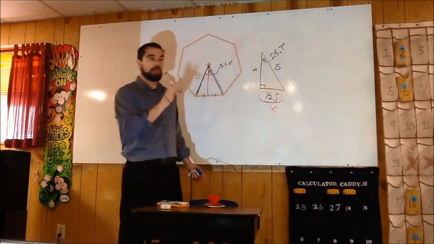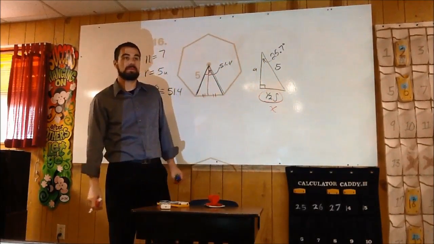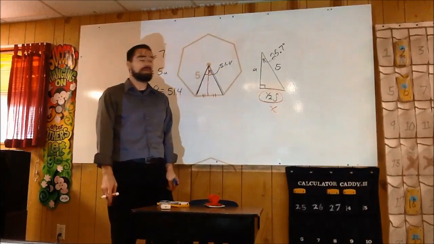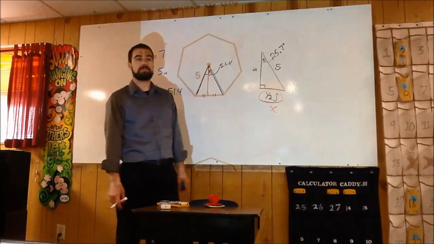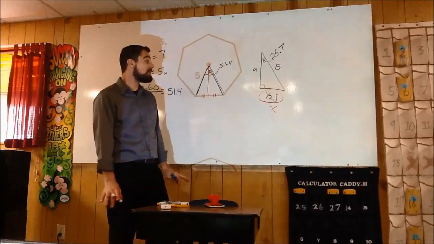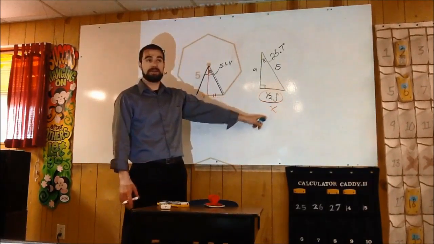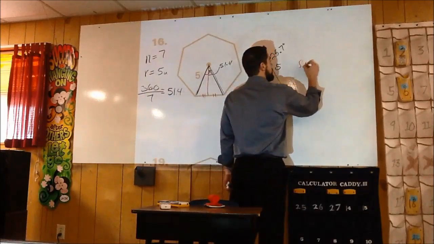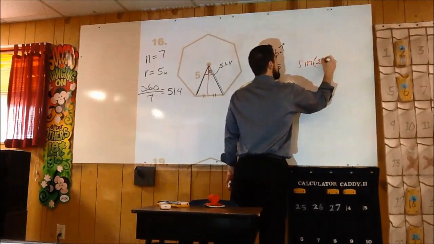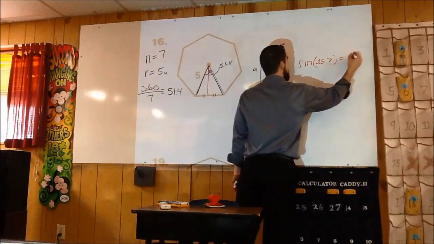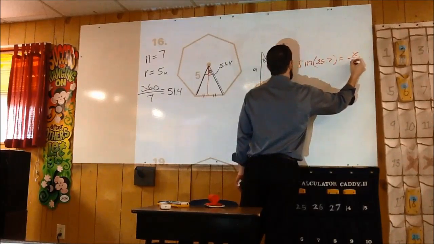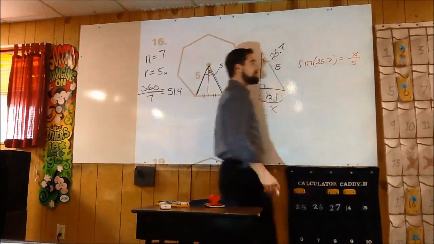Using what is printed or what you were given, what trig function am I going to use? Solving for half the side length, solving for this side. Sine. Sine compares opposite divided by hypotenuse.